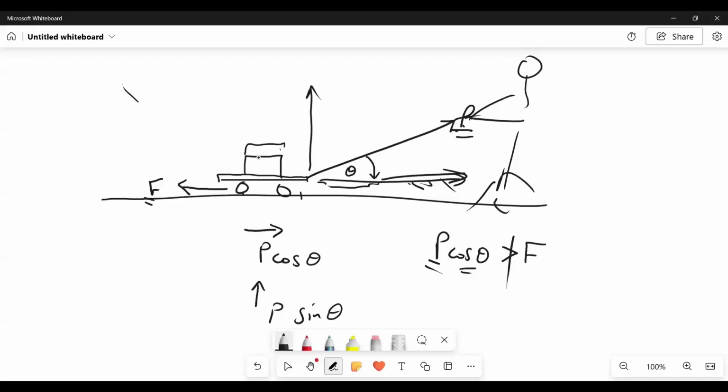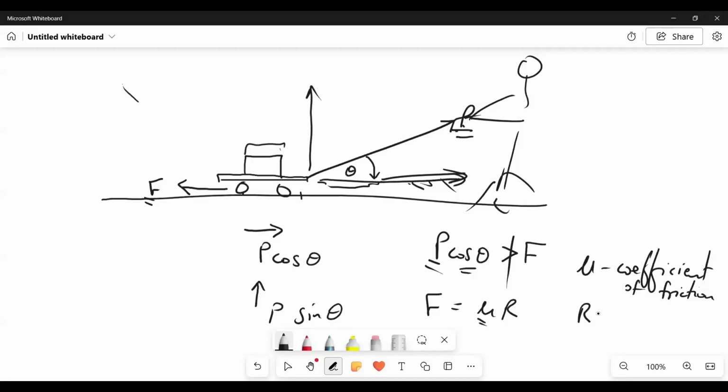Because the more you add on here, you'll learn later on that F is equal to something called mu R, where mu is the coefficient of friction. It's usually a number between 0 and 1, some fraction.